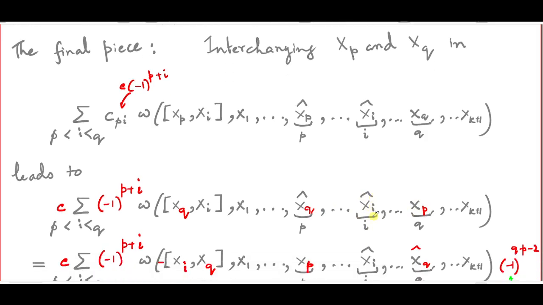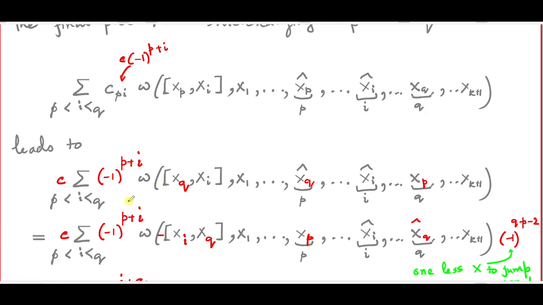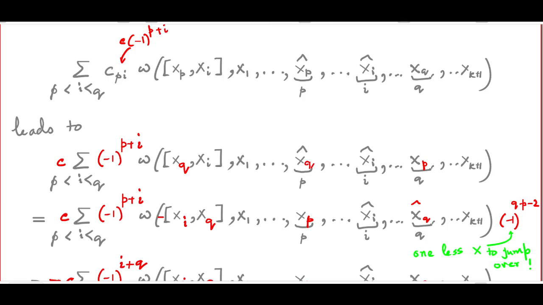So in order to go from here to here, where XP has moved all the way to its original spot, you end up with an extra factor of (-1)^(Q-P-2). As I've written here, 1 less X to jump over. So 1 less minus sign.